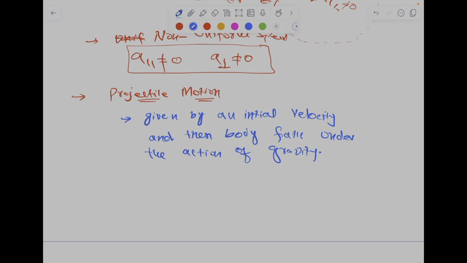So projectile motion is that motion which is given by some initial velocity and the body falls under the action of the gravitational acceleration, or gravity.